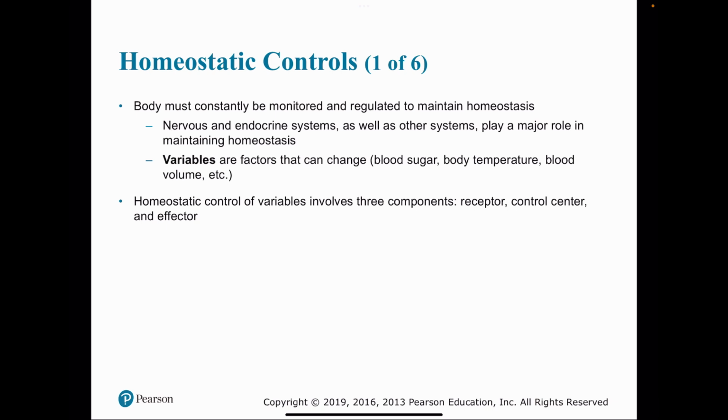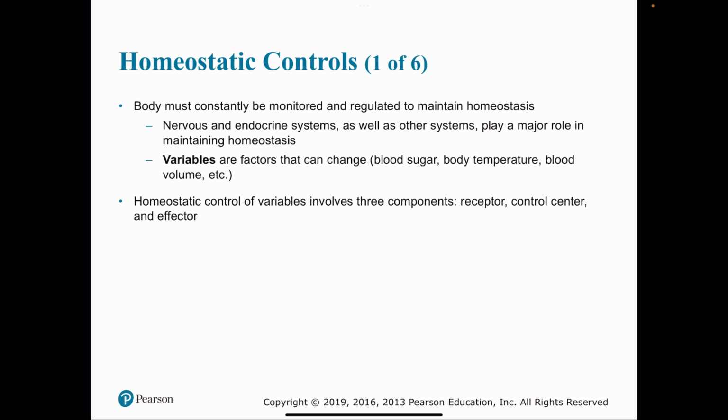Now, these variables I've been mentioning, these are factors that can change. So, some examples: blood sugar levels. Body temperature was one that we talked about recently. Blood volume. These are just some of the many examples, but you could go on to think different levels of different body hormones would be one example. So again, lots of different factors here.